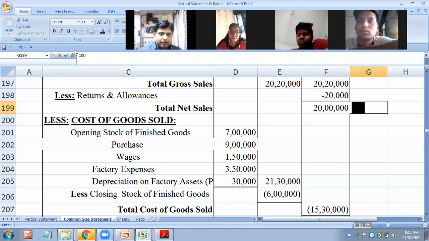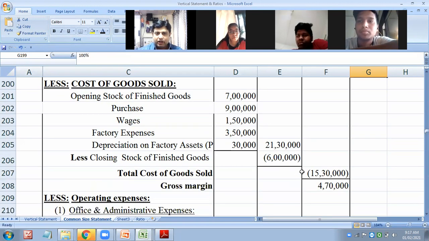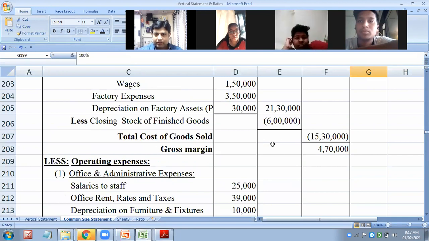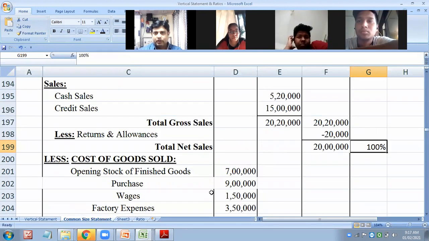Sales to be considered as 100%. Now each and every item is to be compared with respect to sales. So then opening stock is how much percentage of sales?